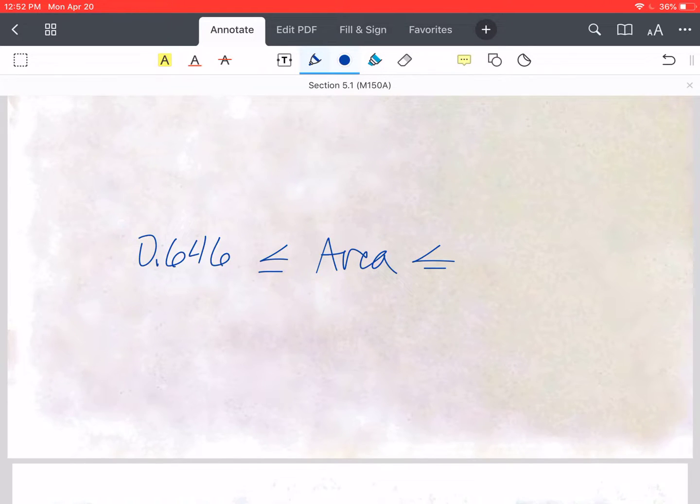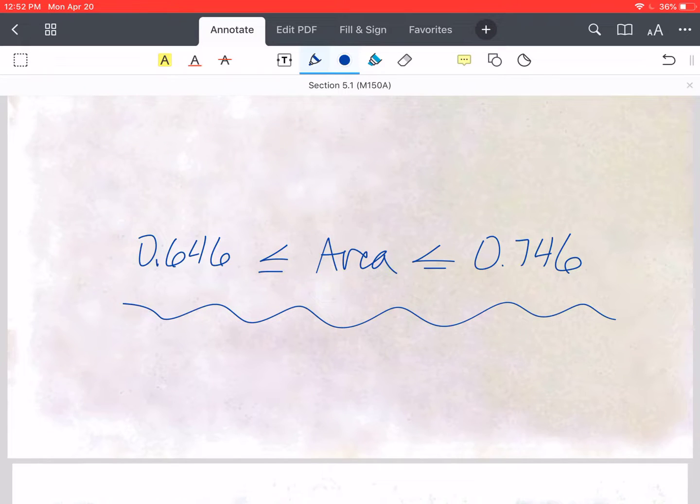We can conclude that the area of that region must be between these two, because one of them was too high and one of them was too low. So it's between 0.646 and 0.746. That is a boundary for our area. It just depends on how accurate we need to be in any particular situation to determine if we've bounded the area enough.